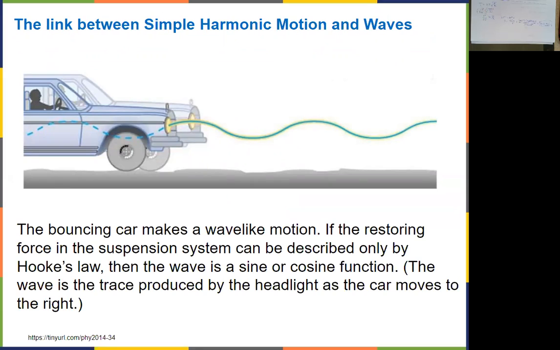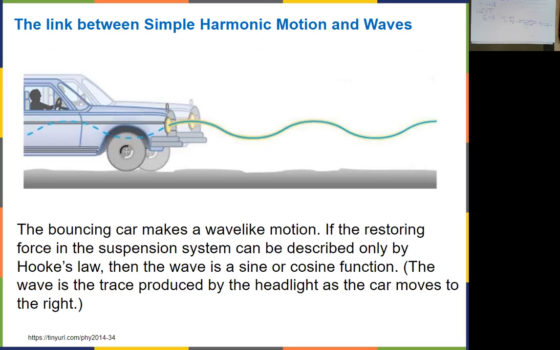All right. So for simple harmonic motion, actually the car you are driving has springs, between the axles of the tires and the main body. So if you look carefully, if you are driving through a bumpy road, actually the body of the car is going up and down, right?